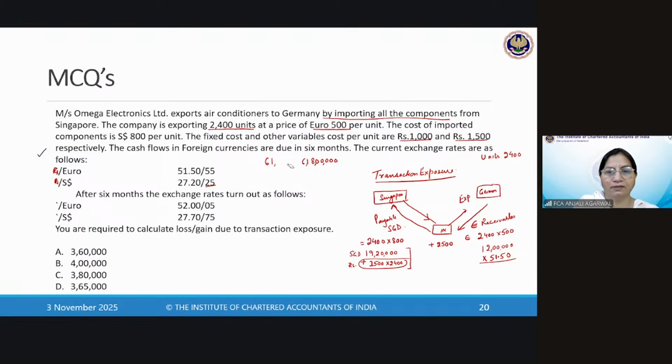And what will be your outflow? 19,20,000 multiplied by 27.25.